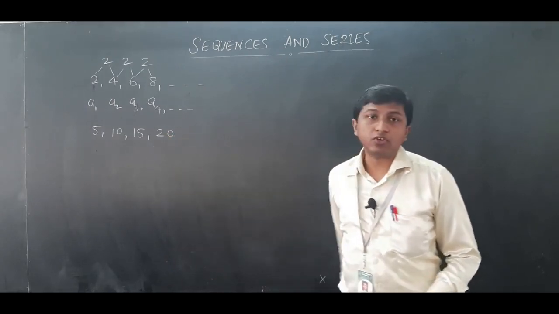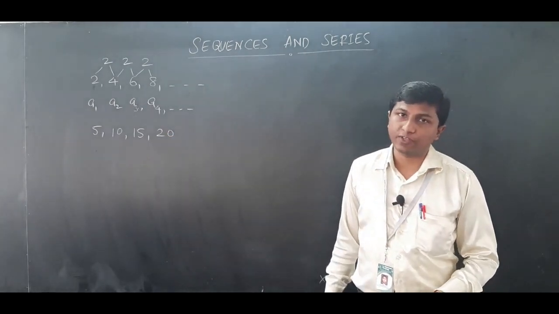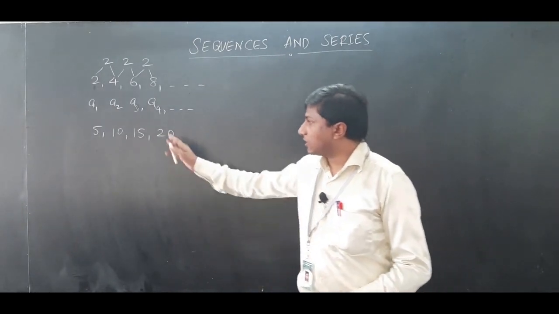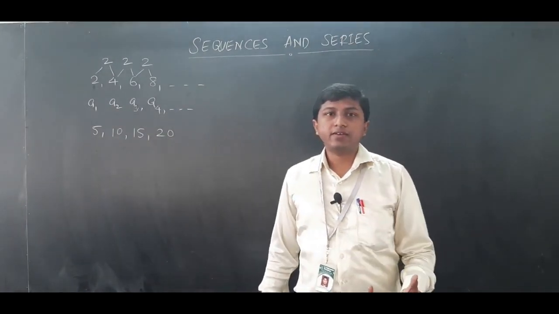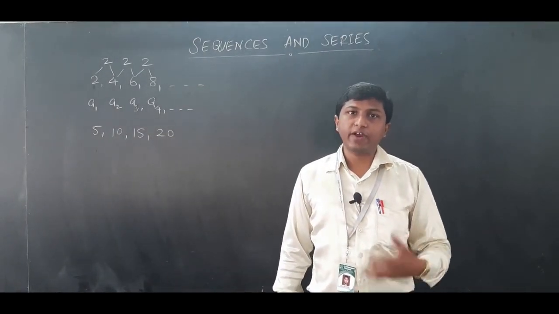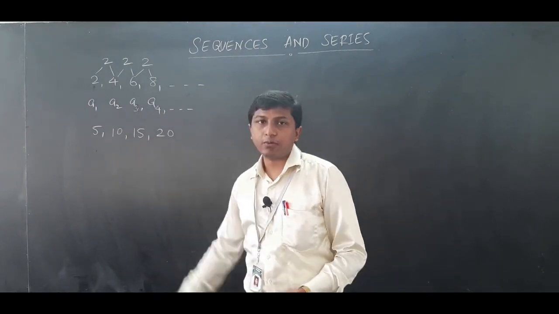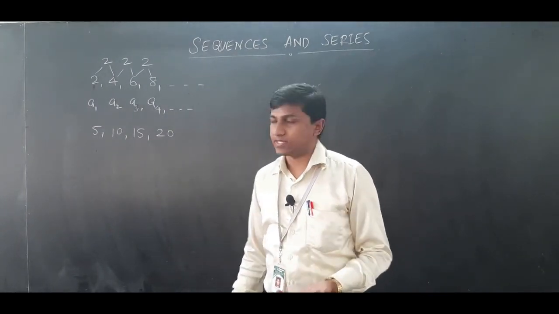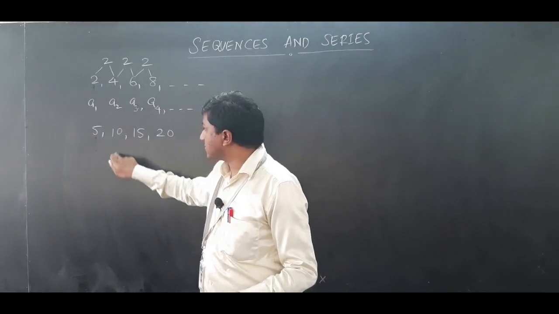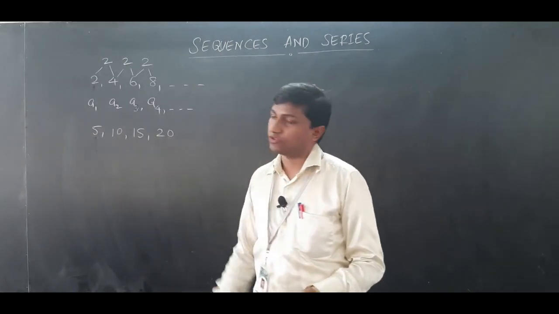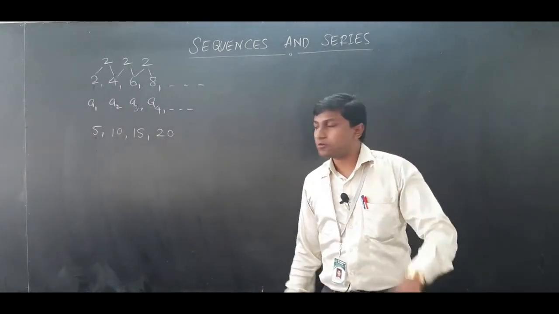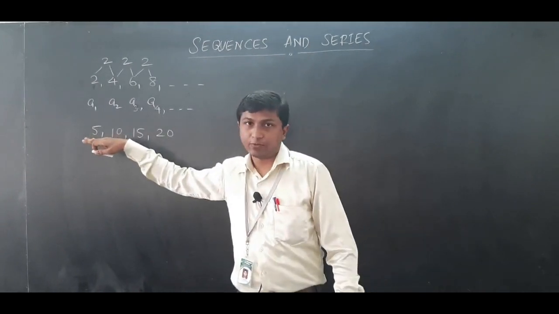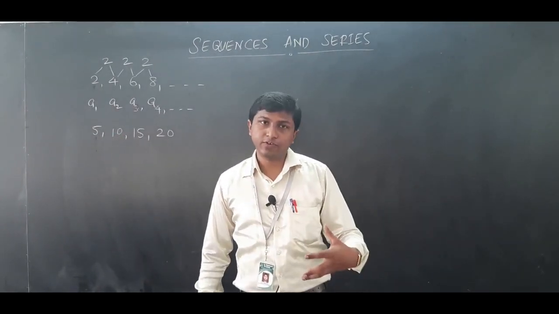So what can we call such sequences of numbers? Correct. We can call them finite sequences. Finite means you can count the number of terms in the sequence. This is the first term, second term, third term and fourth term. So there are 4 terms in this sequence.